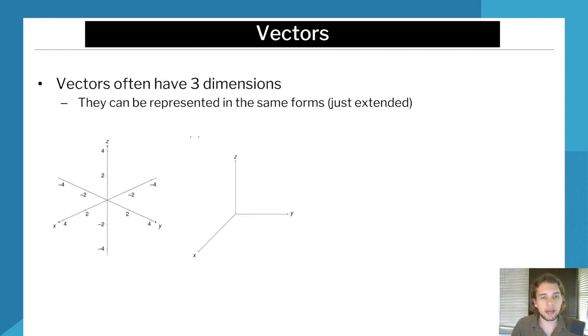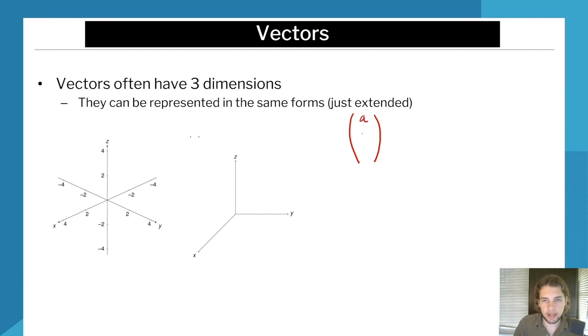So we can also have vectors with more dimensions. The highest we often actually work with, because we're often thinking of the physical reality we live in, is vectors in 3D. Now, all the same forms can apply, they're just a little bit extended each time. So for matrix form, we just have one more value down here.